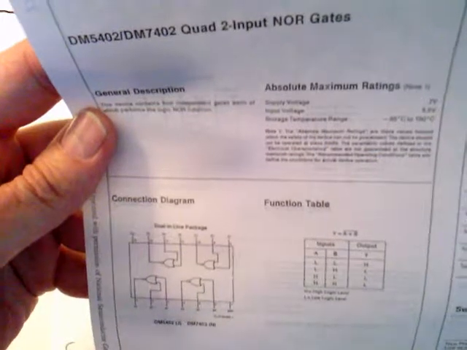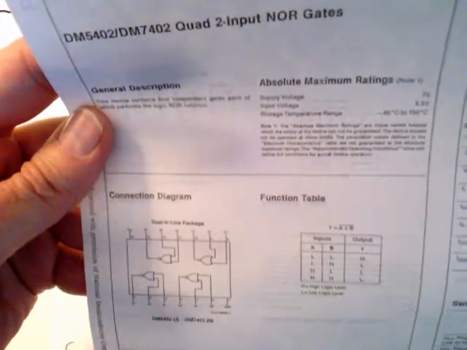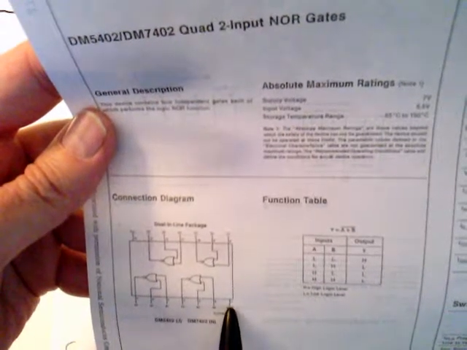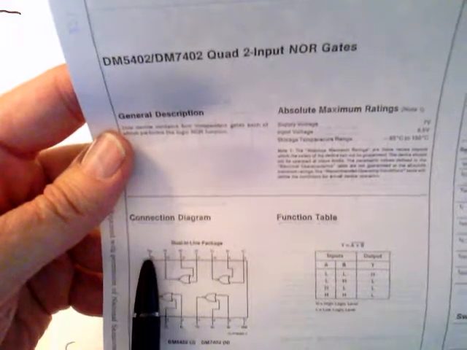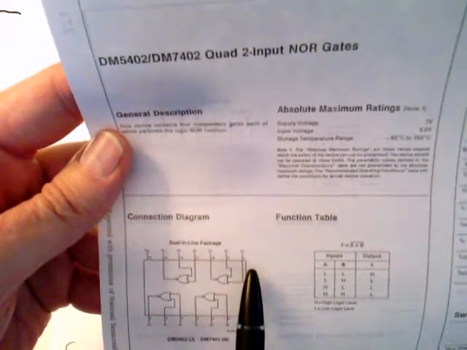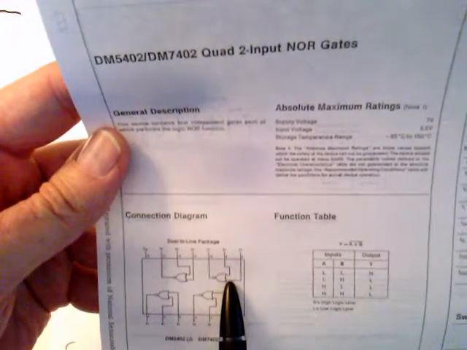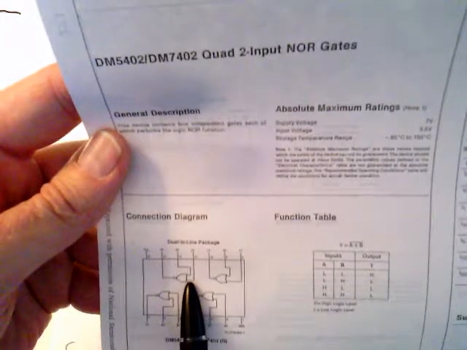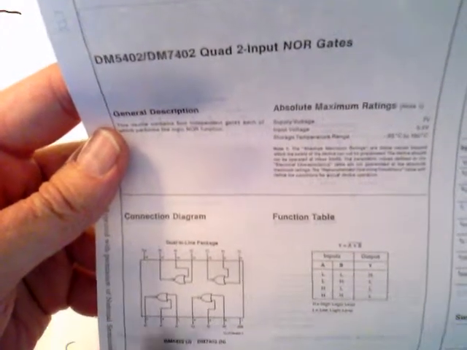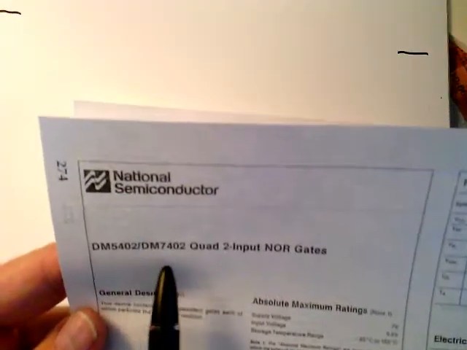Pin 4 is an output. Pin 5 and pin 6 are inputs to the second gate. Pin 7 is ground. Pin 14 is VCC up here. And notice we have the inputs 8 and 9 for the third gate. Output is 10. 11 and 12 are inputs to the fourth NOR gate, and the output is 13. That's the IC package we'll be using in lab. It's called a 7402 IC package.